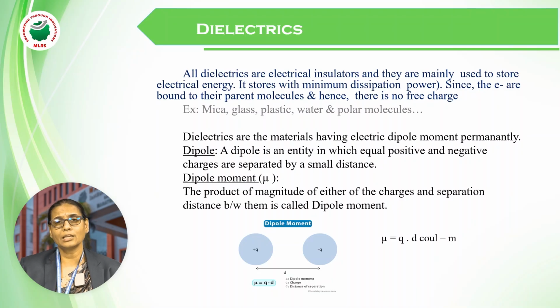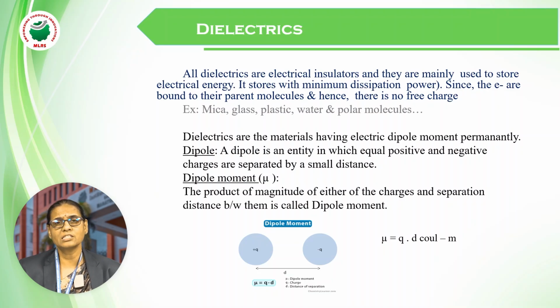To go deep into the subject of dielectric materials, one should know the basic definition of what a dipole is, or how dipole formation takes place. As I told, we are taking an atom. In an atom, there is a positive charge, called the nucleus, and electrons which possess negative charge. Now, I am applying some force, which I call a field. I use the word field instead of force.